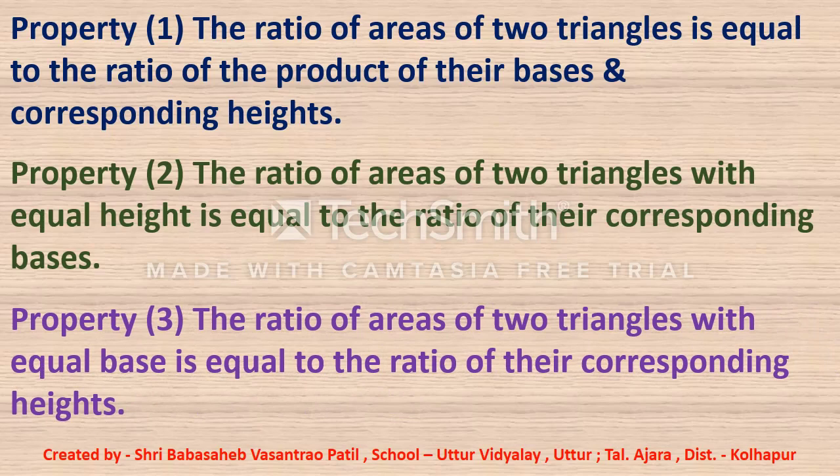Property number 3, the ratio of areas of two triangles with equal base is equal to the ratio of their corresponding heights. Those three properties we studied in the previous video.